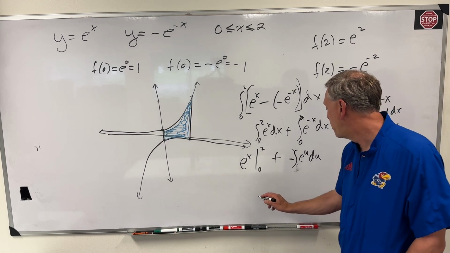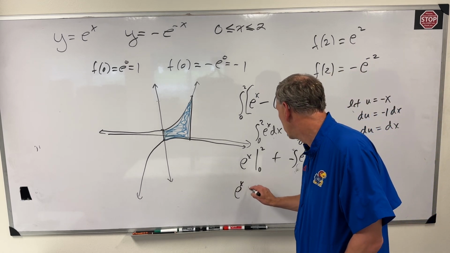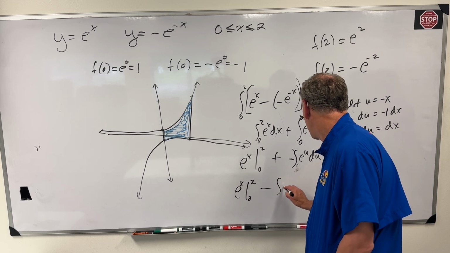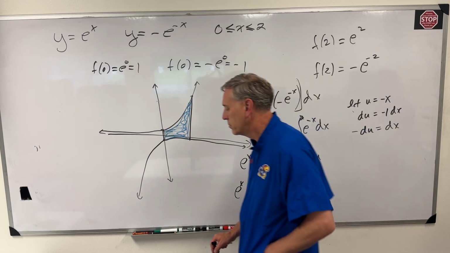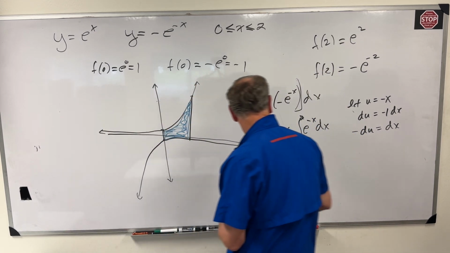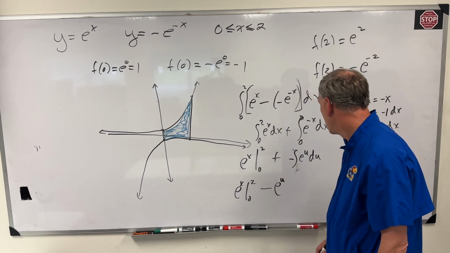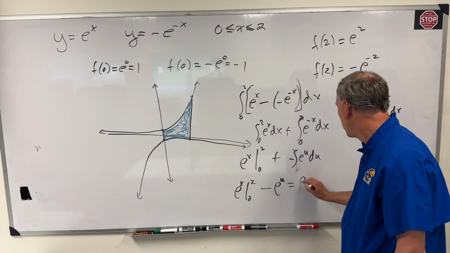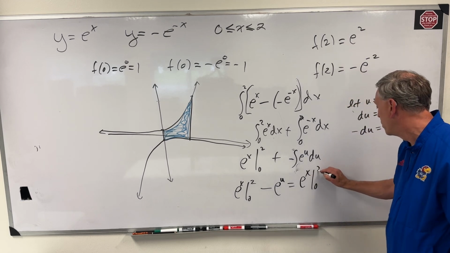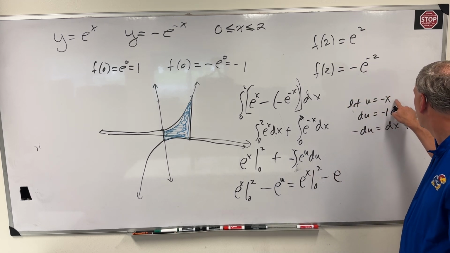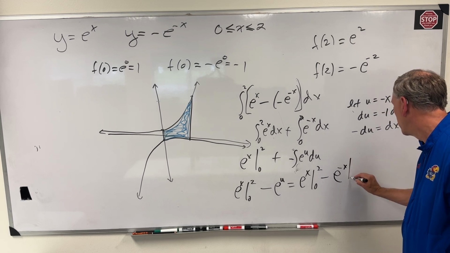So now converting this back, we have e to the x evaluated from 0 to 2 minus the integral of e to the u, which is minus e to the u. I'm going to convert that, so that's e to the x from 0 to 2 minus e to the minus x from 0 to 2.